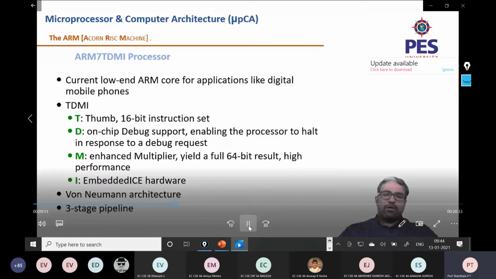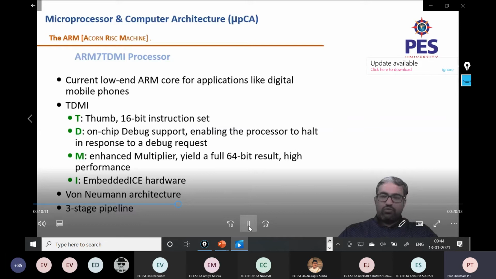It supports Thumb operations, where T stands for Thumb in TDMI. That means you can write a 16-bit program as well. D stands for debugging support. M stands for enhanced multiplier.